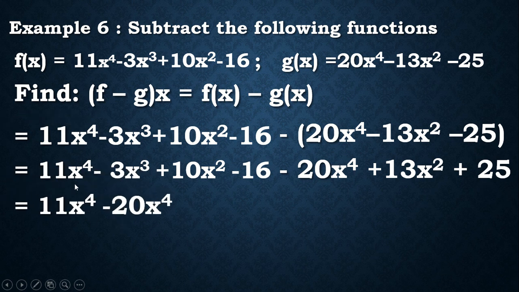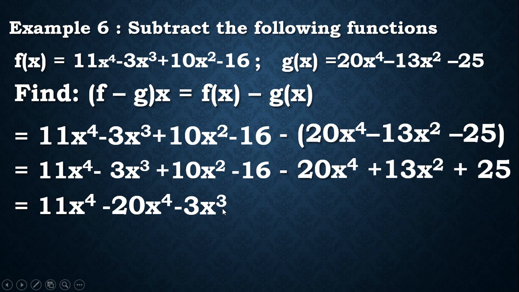Like terms, we have 11x to the fourth and the negative 20x to the fourth. They are like terms because they are both raised to the exponent of 4. Next, bring down negative 3x cubed because there is no other term that is raised to x cubed.